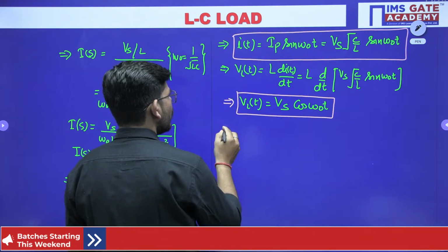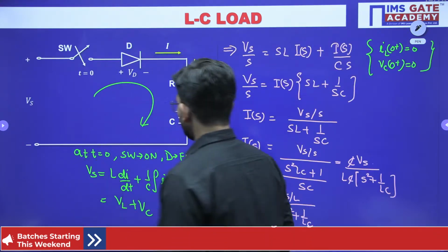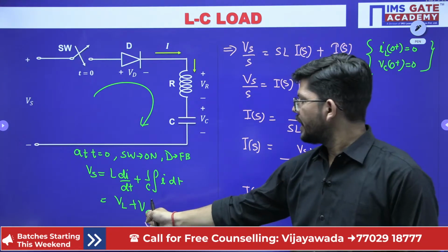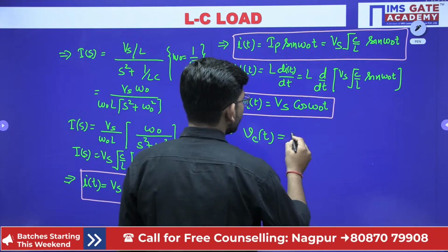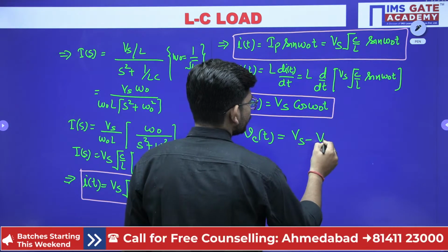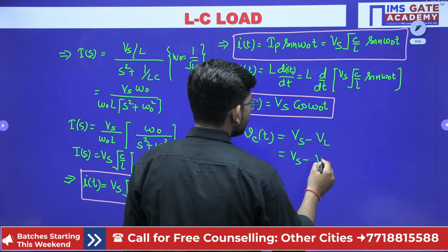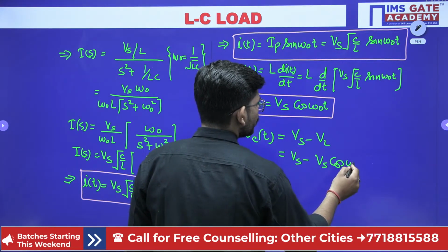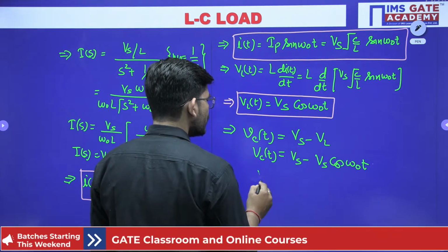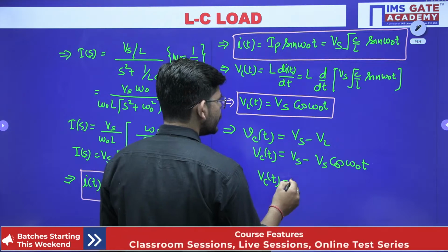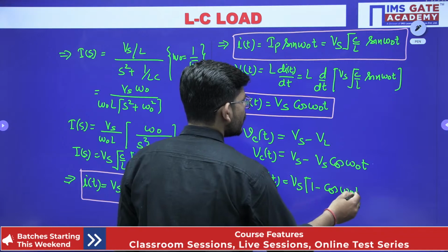Now if I have to obtain the capacitor voltage, can you see what the capacitor voltage is? Capacitor voltage is simply Vs minus VL. So we are going to apply this condition and we will get the value of capacitor voltage. So this is going to be Vs minus VL, and VL is Vs cos omega naught t. So I can write that capacitor voltage is Vs times 1 minus cos omega naught t.